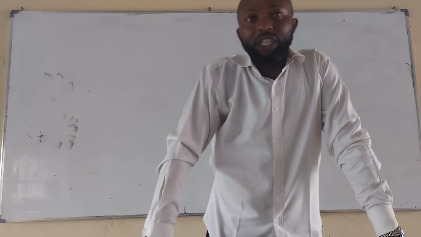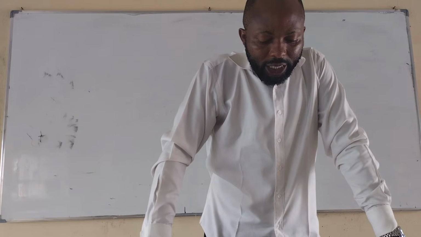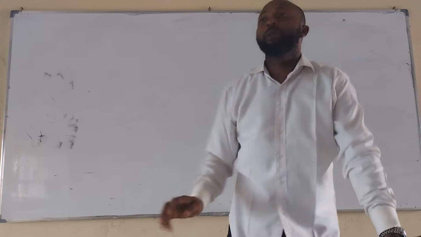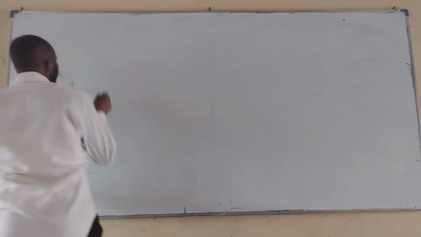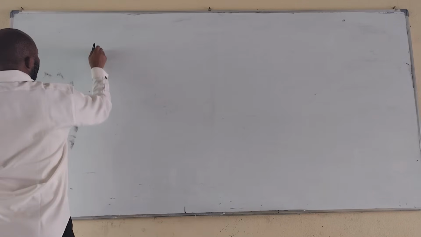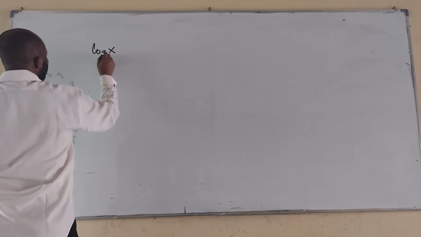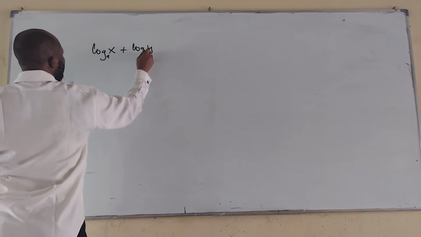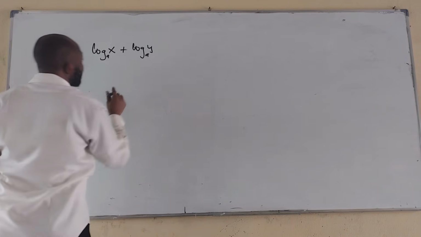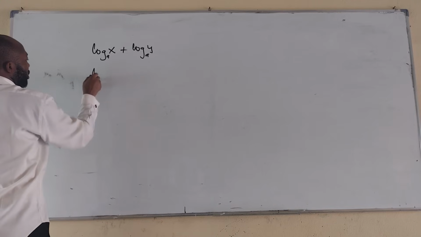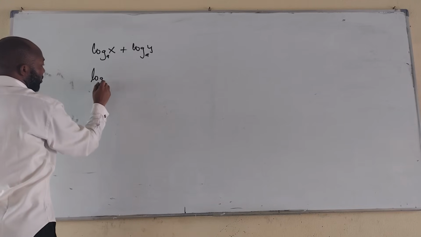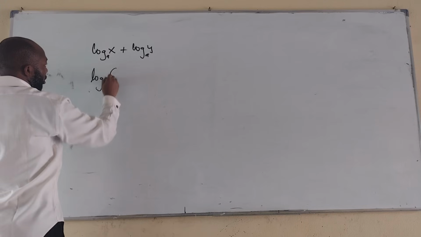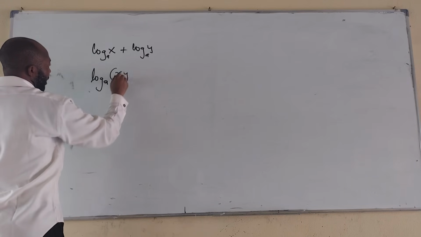Now, we have the addition law. The addition law says that log x in base a plus log y in base a is the same thing as log in base a of x times y.